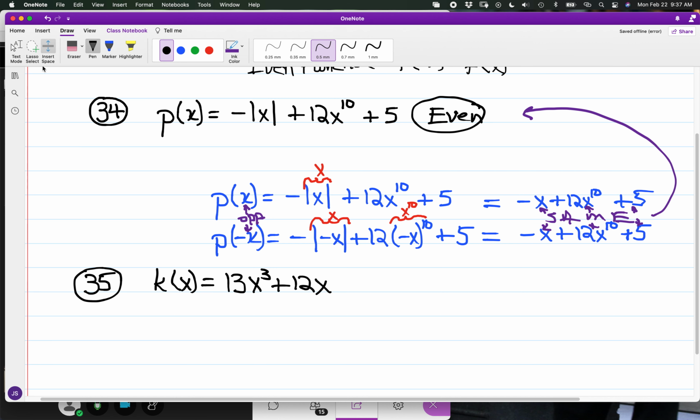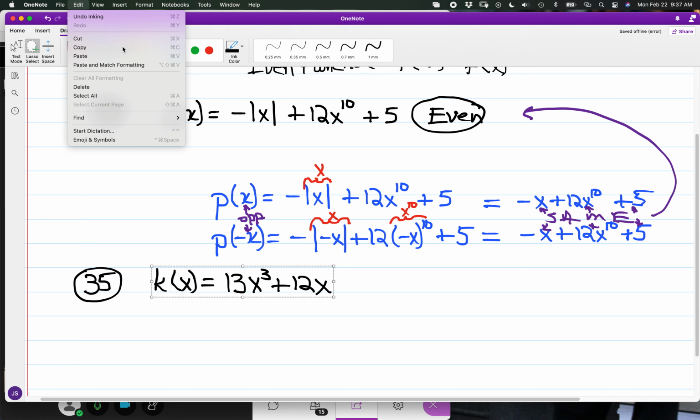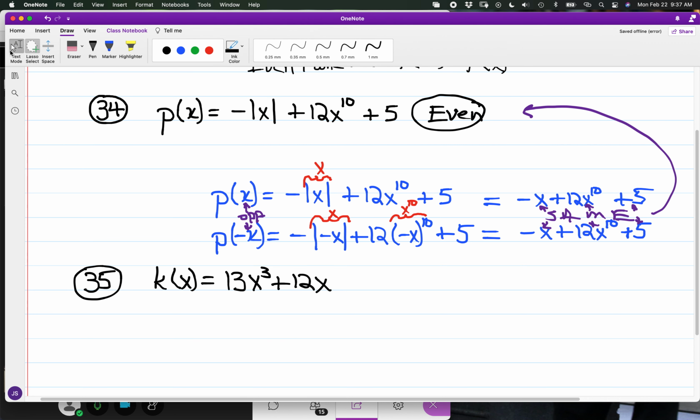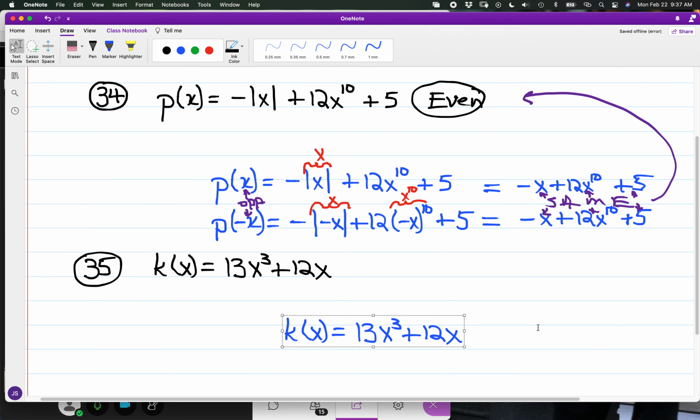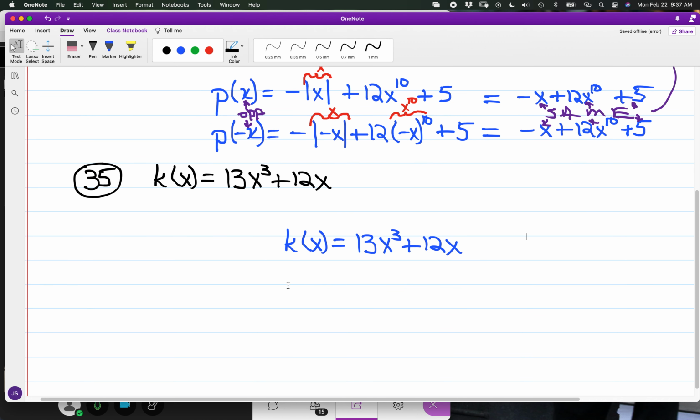And seeing just how that is going to turn out if the input is negative x, going from k of x to k of negative x, we have 13 times the cube of negative x, plus 12 times negative x.